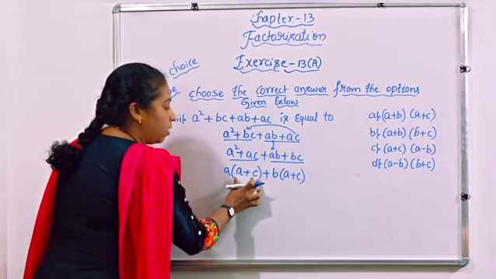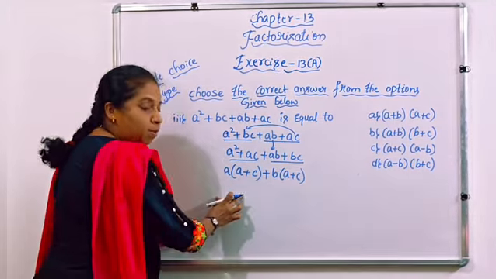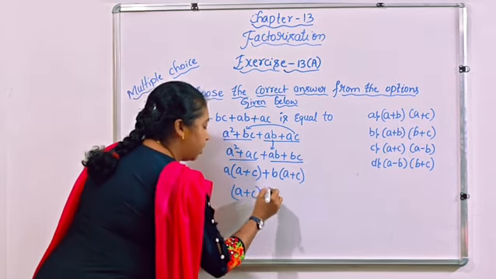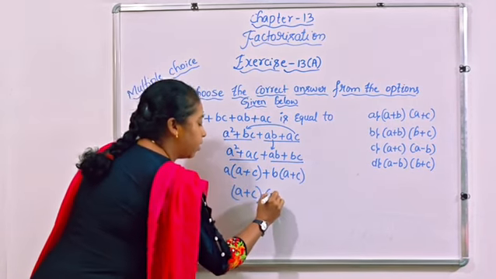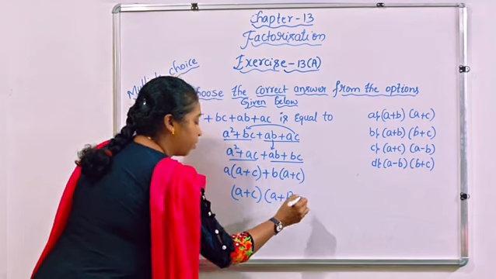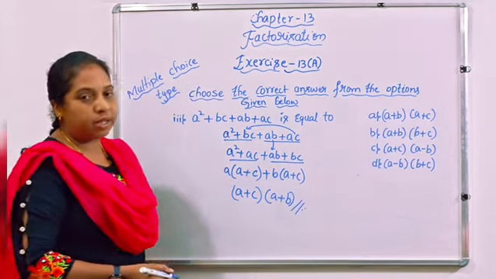Now a plus c and a plus c are common. If we take a plus c as common, a plus c into a, which sign here? Plus b. What you got? a plus b into a plus c.